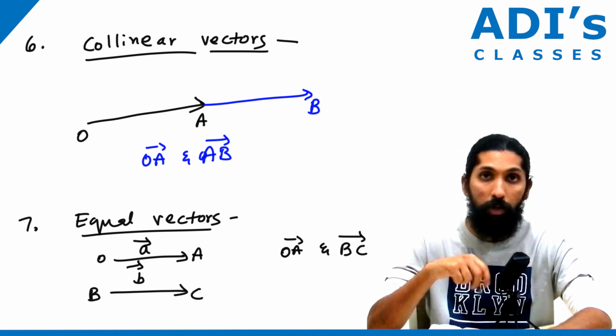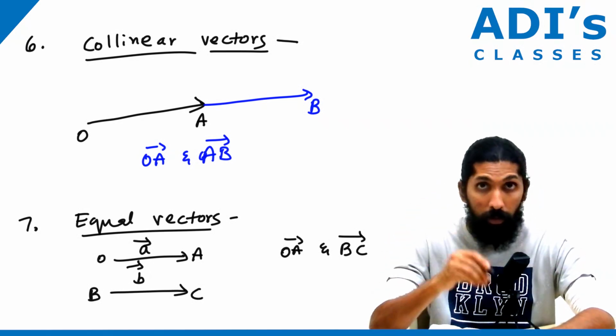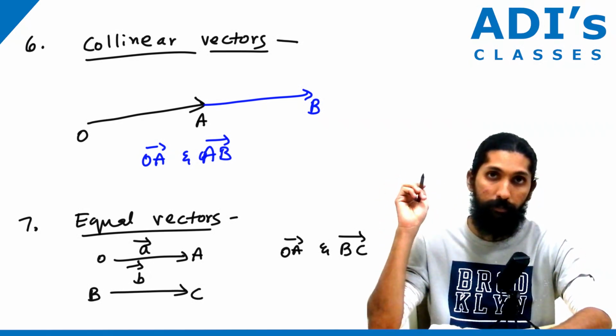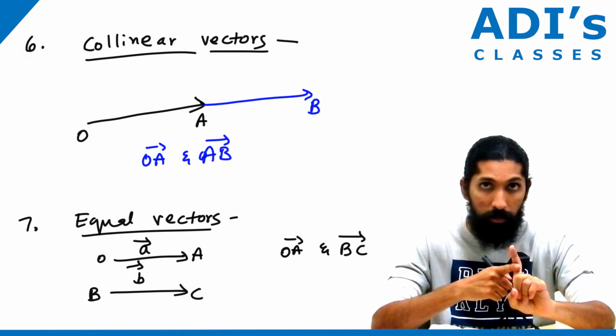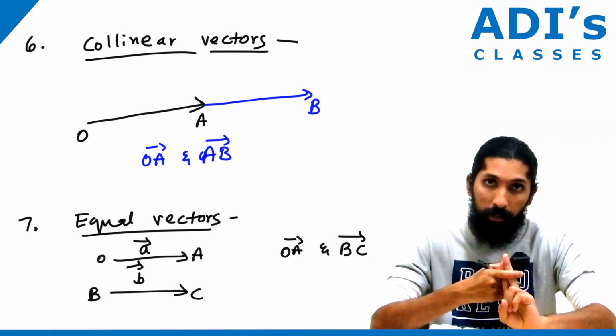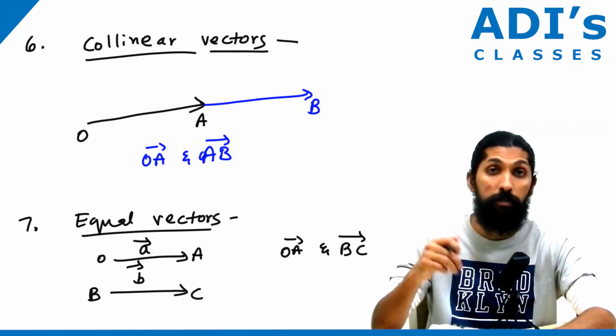Two, they have the same magnitude. Only then they are called as equal vectors. Okay, they are equal vectors if they are of the same direction. Two, they are of the same magnitude. Then they are called as equal vectors. Clear? Let's look into the next one.